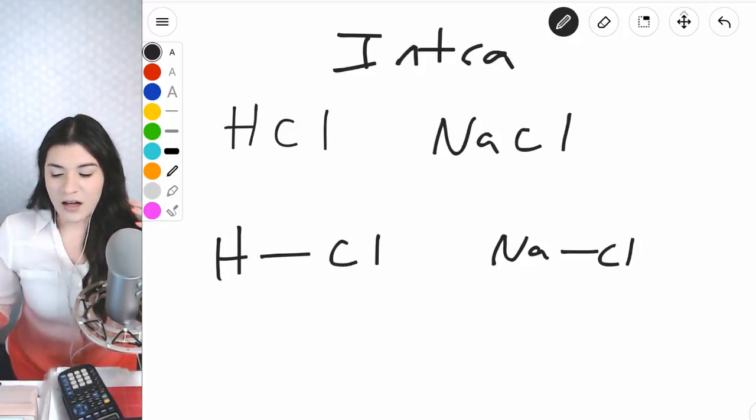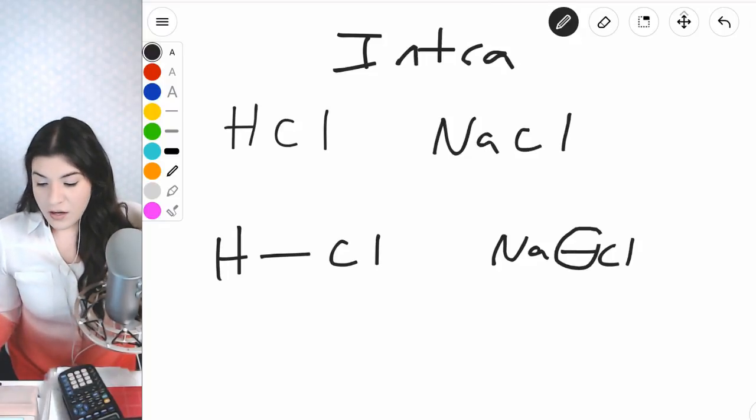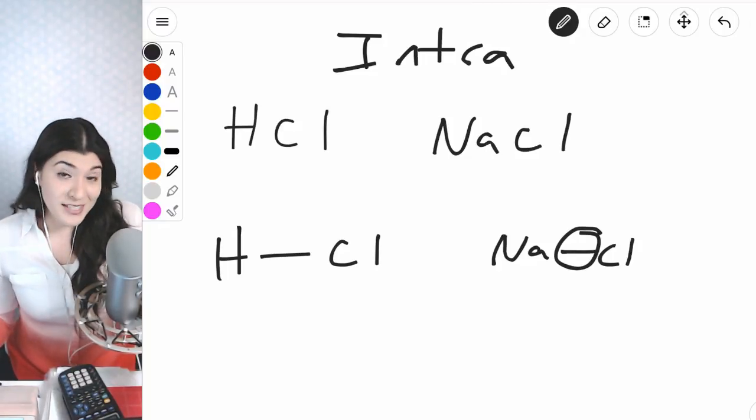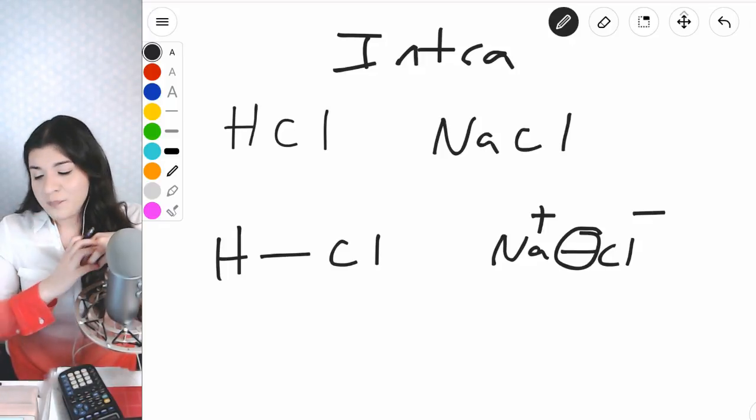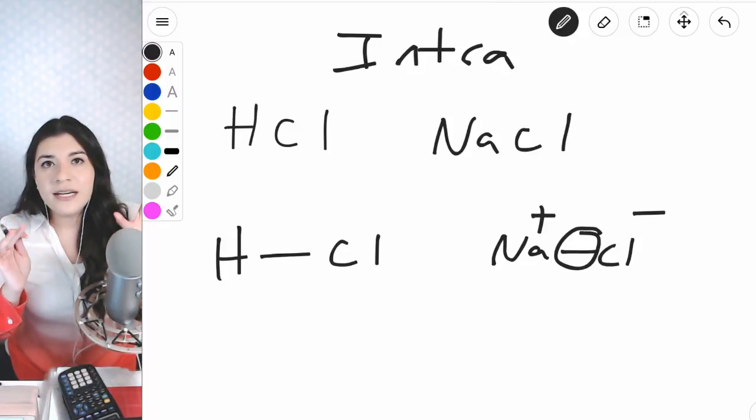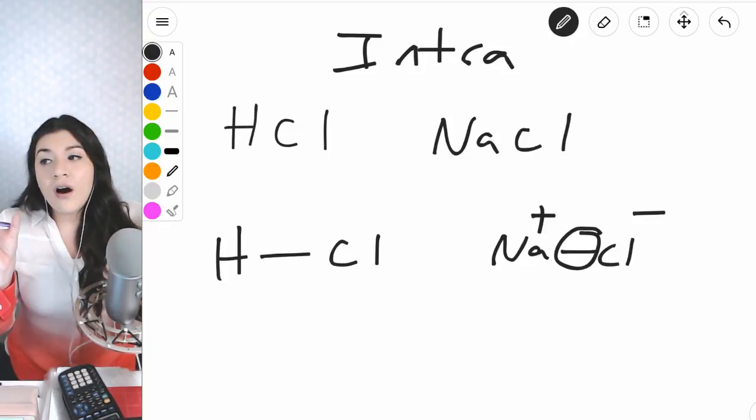Like NaCl, where we have this specific bond. Well, that would be an ionic bond, because it's a metal plus a non-metal coming together. So with intra, we're specifically looking at how those two elements are combining and then forming that bond together.